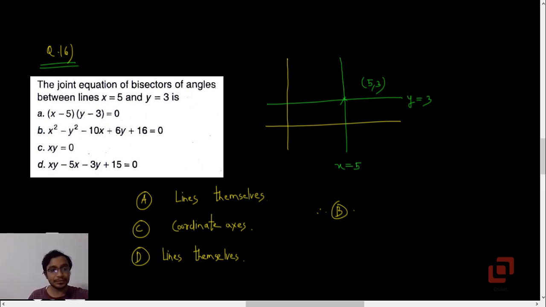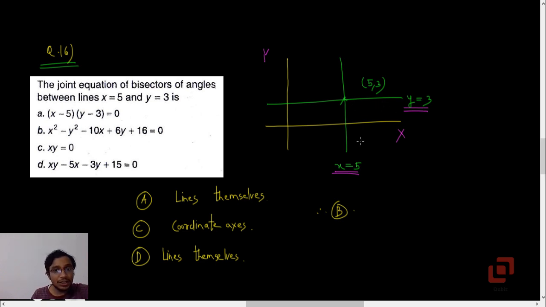In this figure you can see that the yellow lines are the coordinate axes and the green lines are x equal to 5, the vertical line, and y equal to 3, the horizontal line, which intersect at 5, 3.